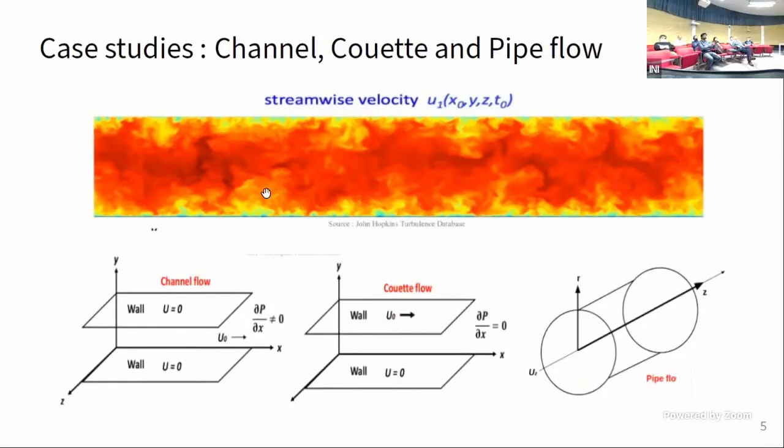I want to talk about the picture on the top. That is an actual simulation by a group from Johns Hopkins University, and that's a simulation of the channel flow. If memory serves me well, the Reynolds number Re_tau was around 5,000-ish.